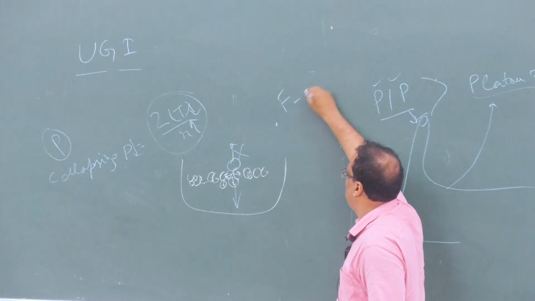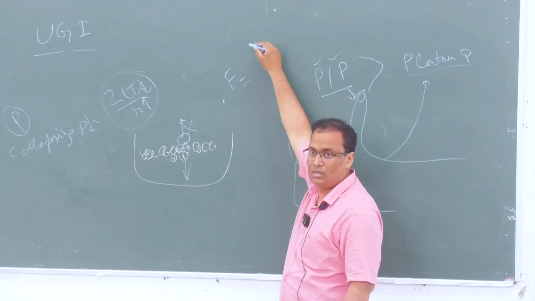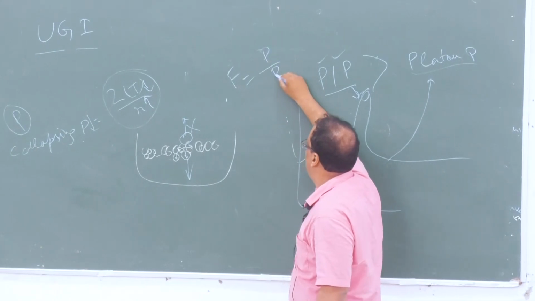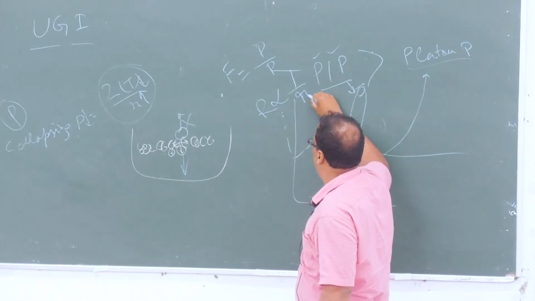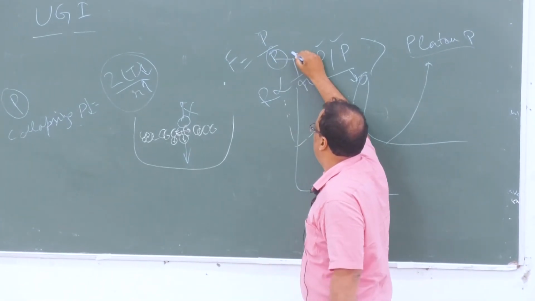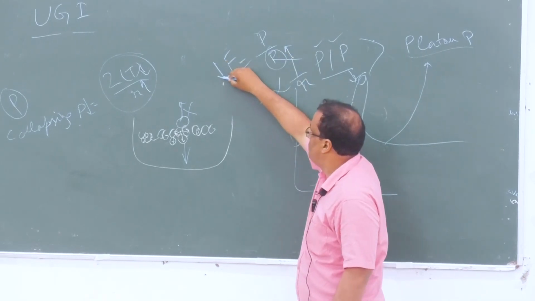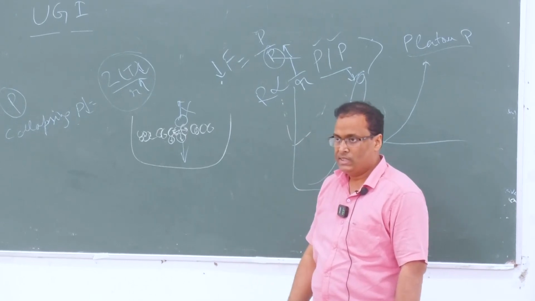Flow means what? Flow equals P by resistance, P by R. Then if resistance is increased, then flow will be decreased. In case of bronchial asthma, what is the problem?